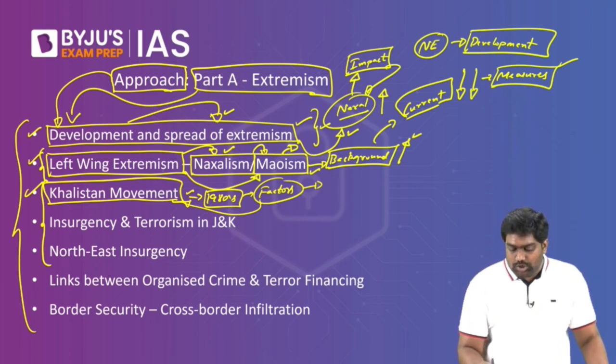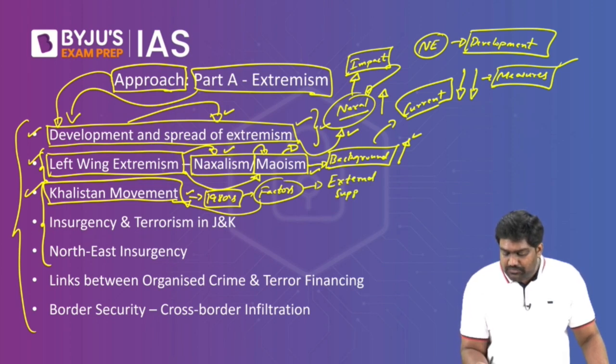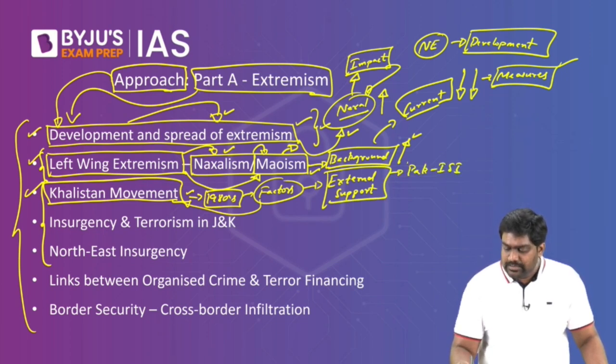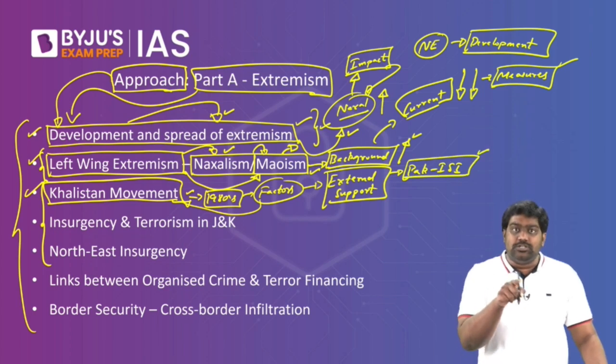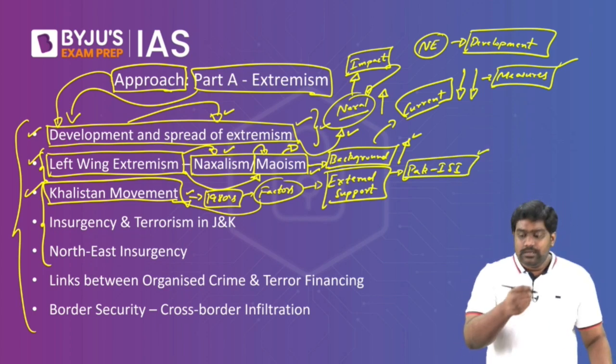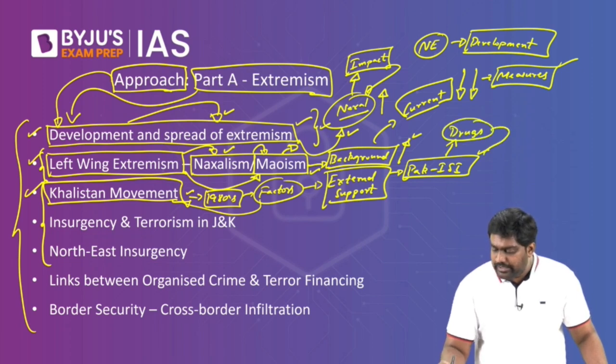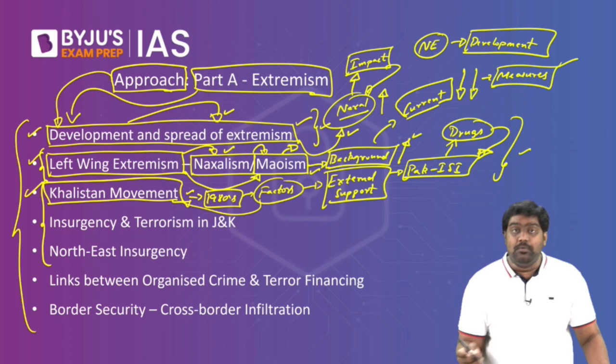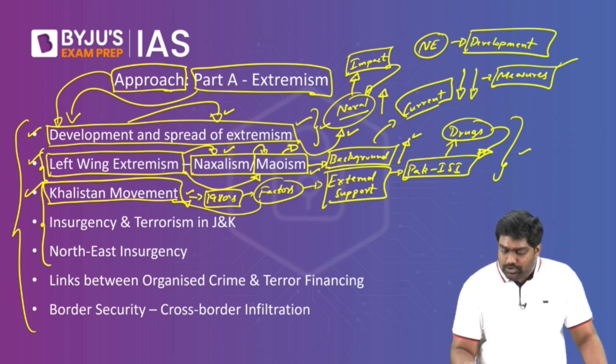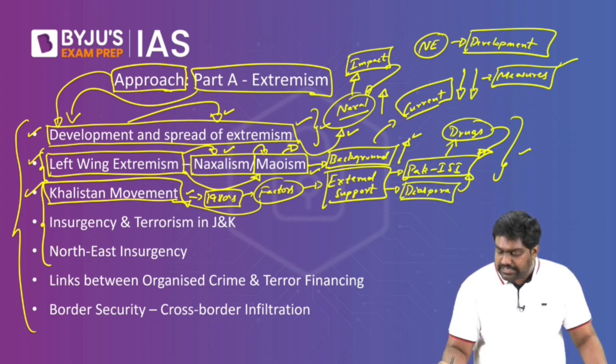Then focus on the external support that was available to the Khalistan movement and how Pakistan, especially its intelligence agency, the ISI, played a direct role in sponsoring the Khalistan movement. Understand the role of drugs, Afghan drugs, in triggering the Khalistan movement in Punjab. Also focus on the role of the diaspora community in other countries and how they were backing the Khalistan movement.